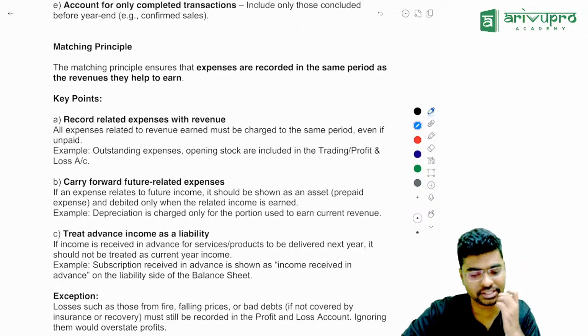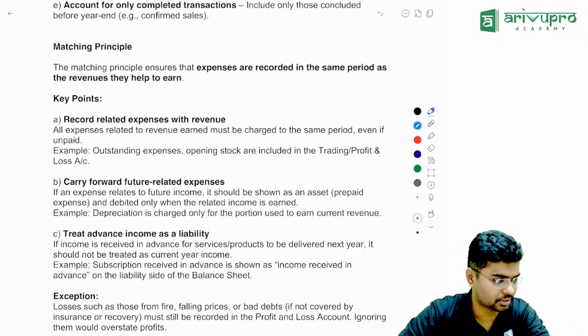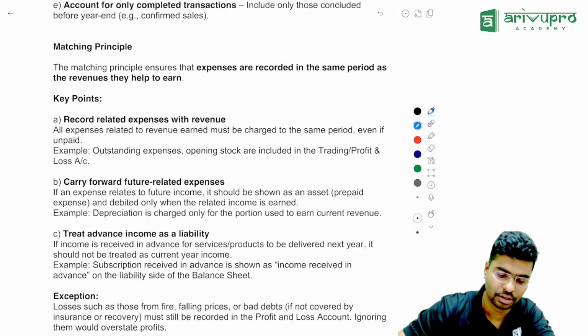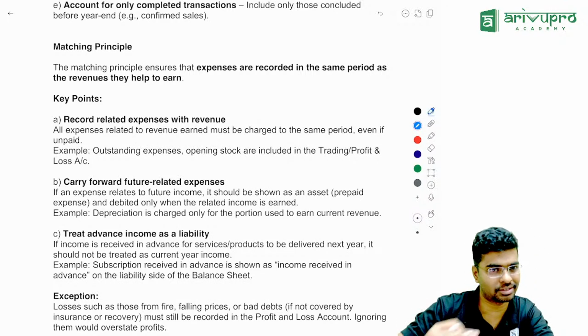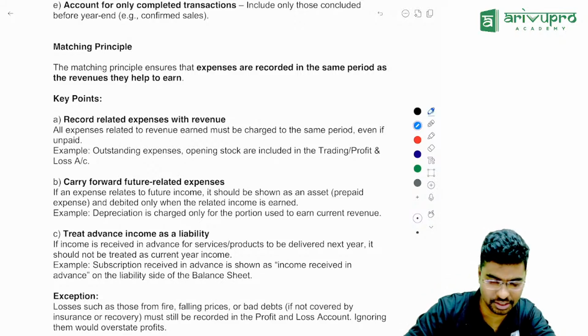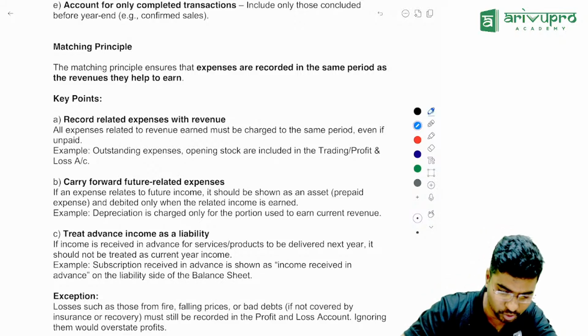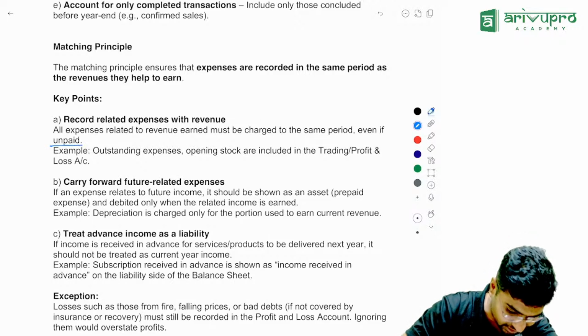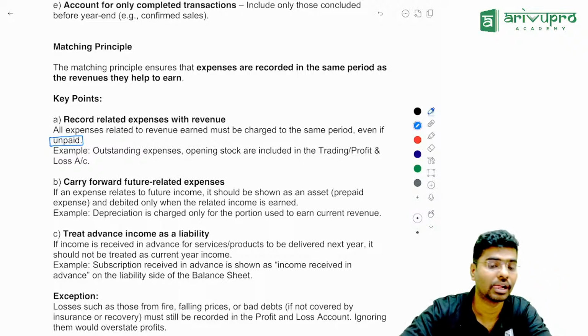What are the key points that we are learning from the matching concept? All the income of a particular year has to be matched with the expenses to earn that revenue. Now, let's read these points slowly so that we get our concept right. All expenses related to the revenue earned must be charged to the expenses for the same period, even if it is that rent example of Veda, what I told you.